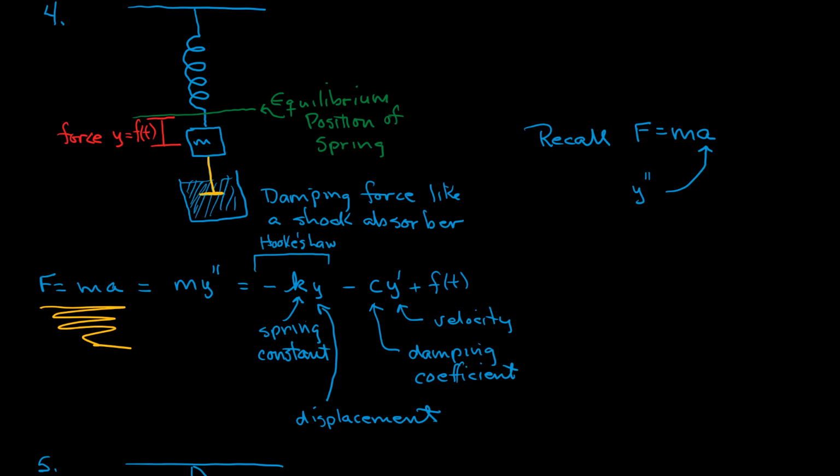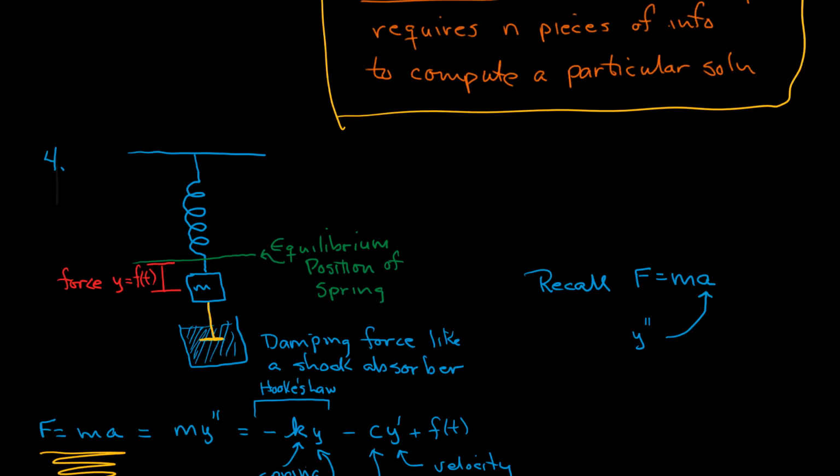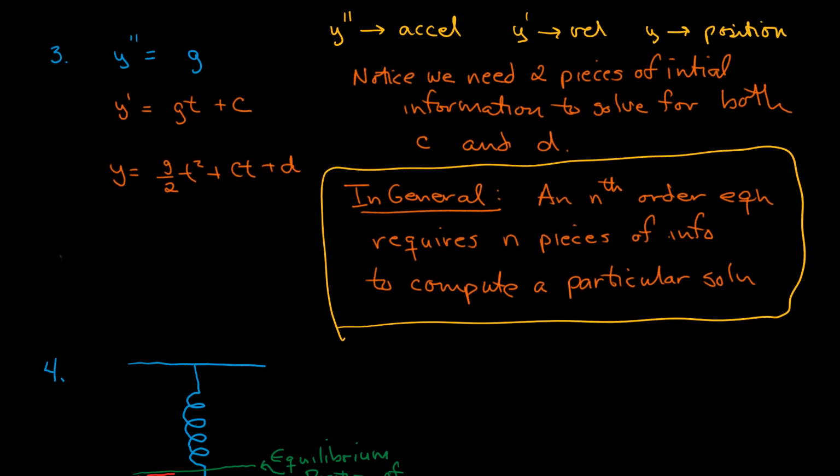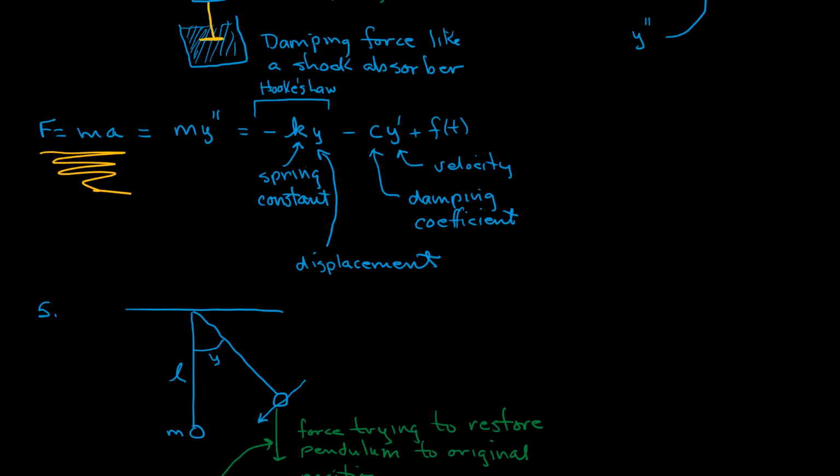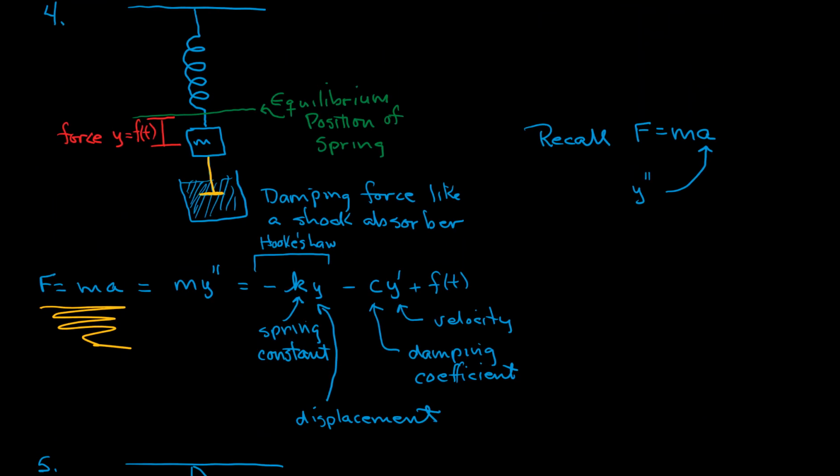Well, displacement, if you'll recall, going back up to example 3, is the change in position. That's y. We want an acceleration. Well, the acceleration is the second derivative of y, which we also saw in example 3. So we can ultimately rewrite mass times acceleration as mass times the second derivative of y.